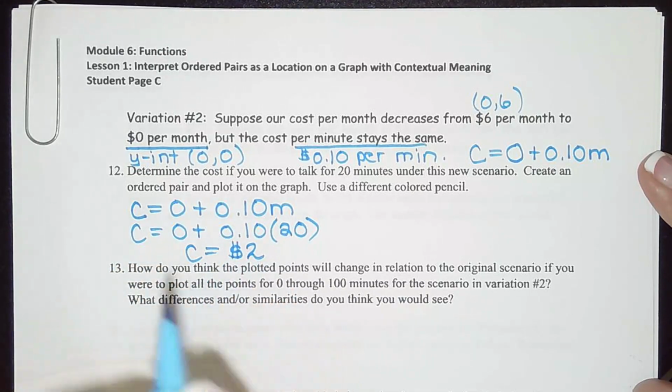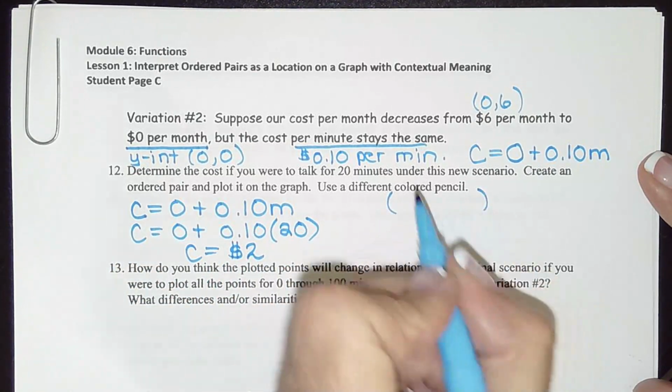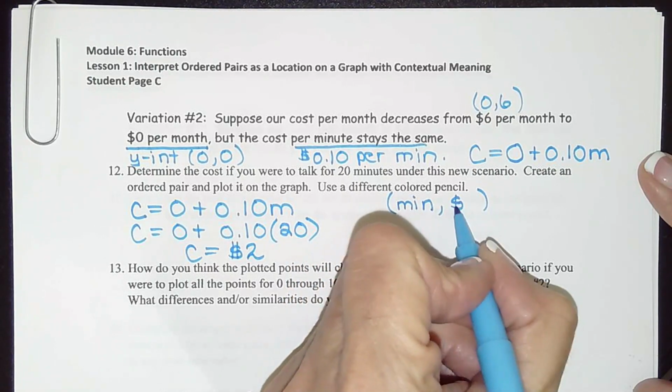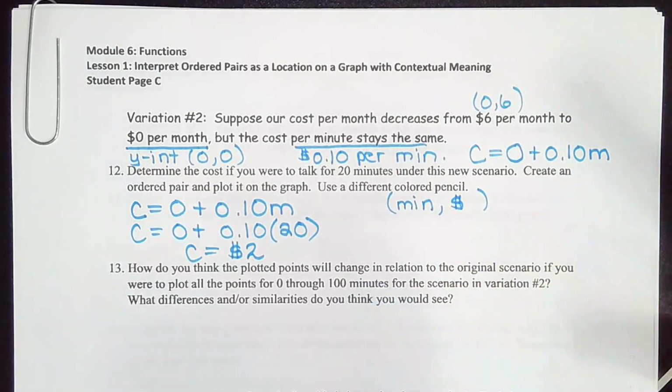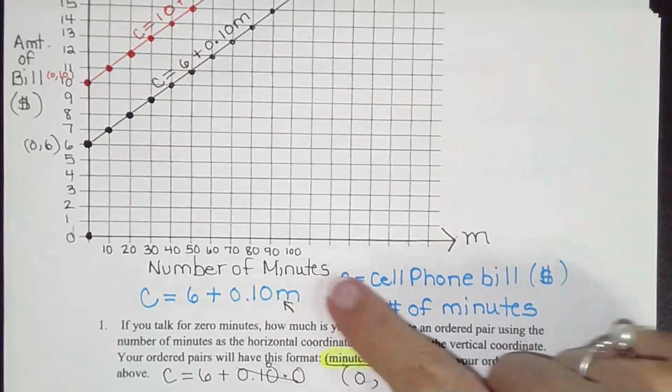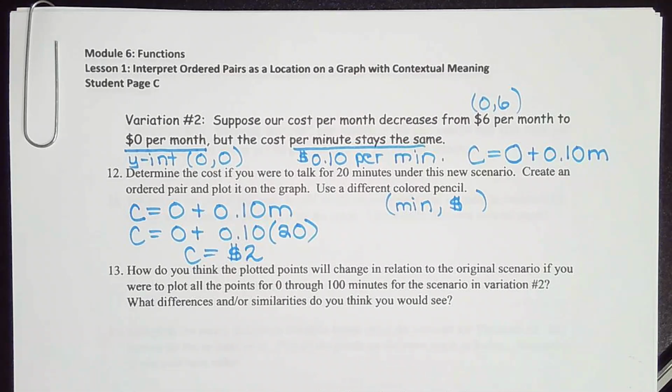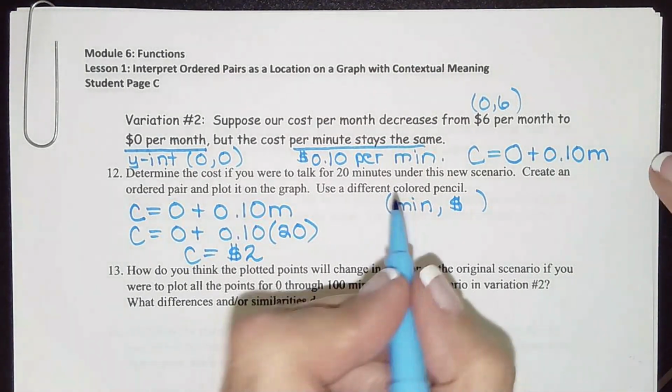And then remember, we do have to keep our ordered pairs in the same order. And like I said, just put a little abbreviated version just to remind you: minutes are X, cost is Y, and we can tell that by looking at our graph. Minutes are X, the cost of the bill, Y. So next they say create an ordered pair.